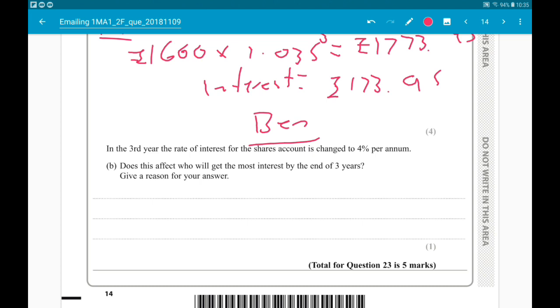Give a reason for your answer. So Ben has the shares account. Ben already got the most interest, and now his interest rate is increased. He's just going to get more interest. So the answer is no, Ben will still get the most.